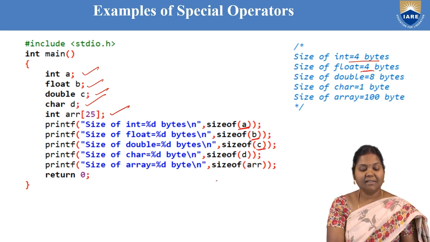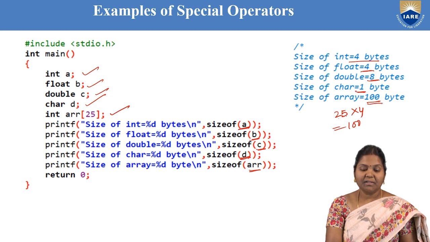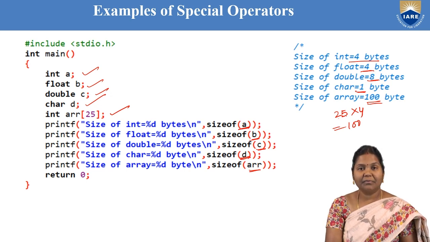Size of C is double type, so it is 8 bytes. Size of D is character type, so it is 1 byte. And the array is integer type with 25 locations, each one is an integer, so a total of 100 bytes of memory space is required. So using the sizeof operator, we can find out the memory requirement of these variables.